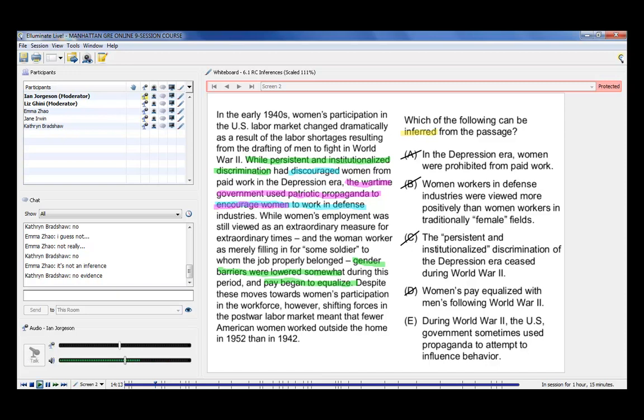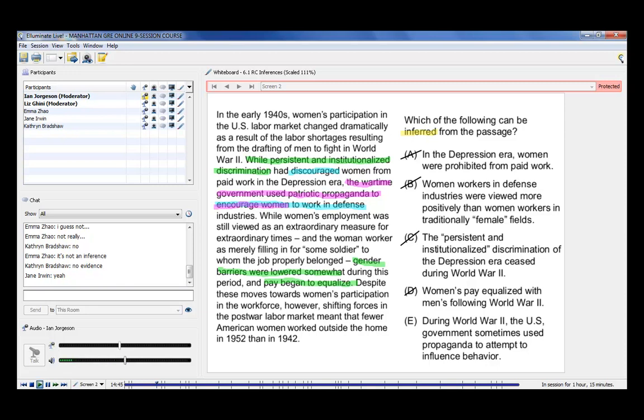Yeah, but I would say that if they were truly making a generalization, then we still wouldn't be able to pick it. But are they really making a generalization? If you do something only once ever, does that mean you've sometimes done it? So we have evidence that at least once the government used propaganda to influence behavior, to encourage women to work in defense.